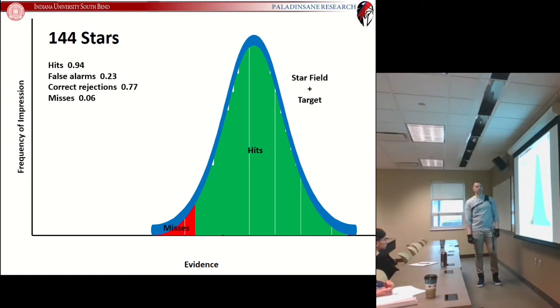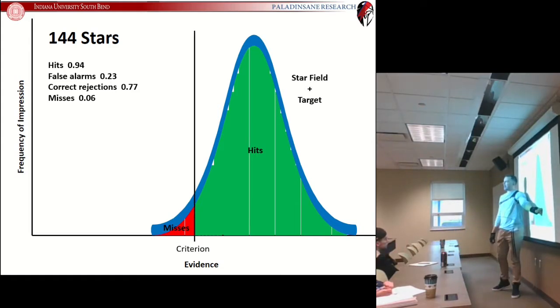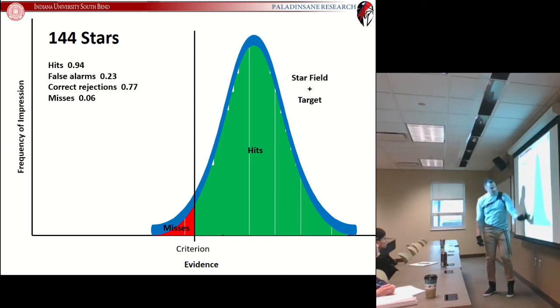Those are your misses. As soon as you know your hits and your misses, you know where your criterion is. Above this criterion is where you say, yes, I saw something. Below this criterion is where you say, no, I did not see anything. That portion of the distribution determines where your criterion is.